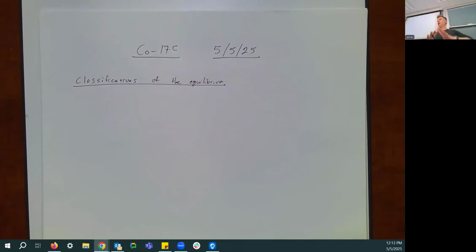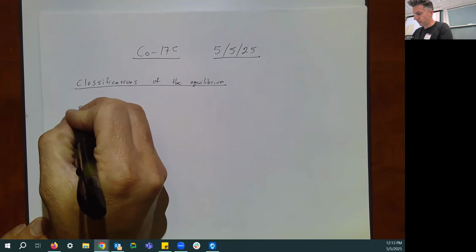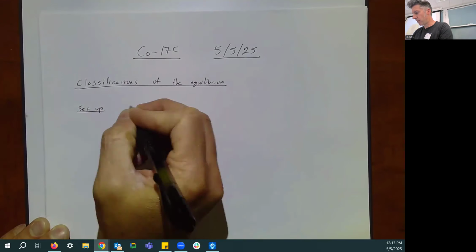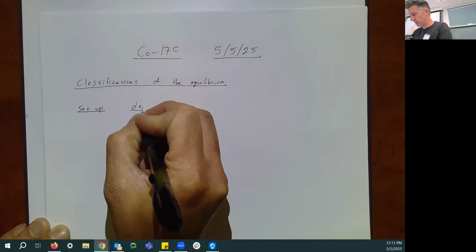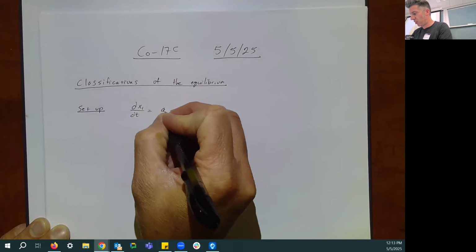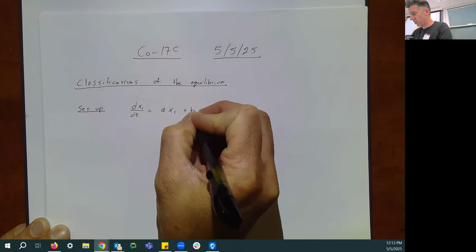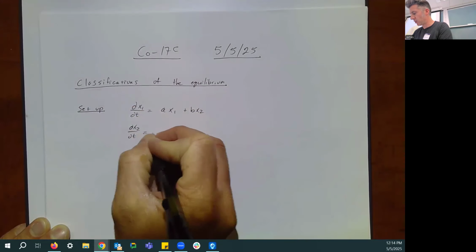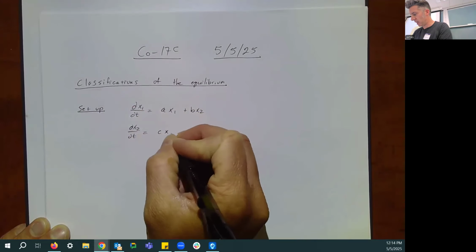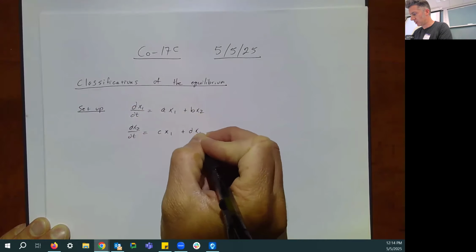As a reminder, the general setup is the following. We're looking at a system of differential equations, dx1/dt equal to some multiple of x1 plus some multiple of x2, and dx2/dt equal to, again, some c times x1 plus some d times x2.